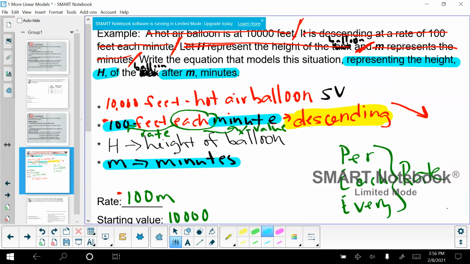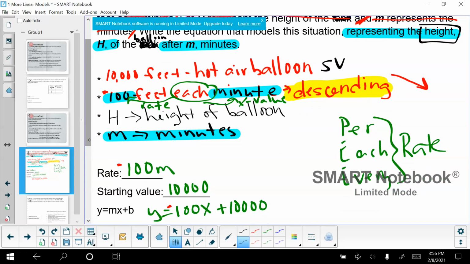Okay, well, when it says write the equation representing height, that means what they're talking about is I want to know what the height equals. So that's why it's h equals.